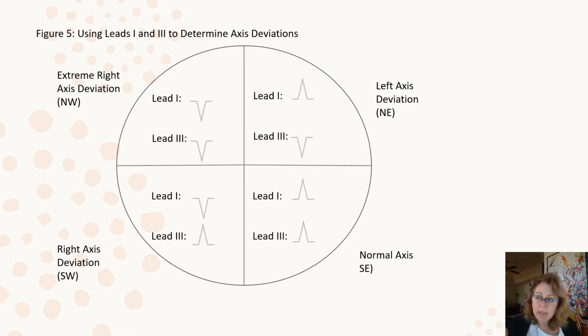This primarily happens just congenitally, having the heart malformed at birth. And I don't deal with babies, so I don't see those. But that's about the only time you would see an extreme right axis deviation, where lead 1 and lead 3 were both negative.